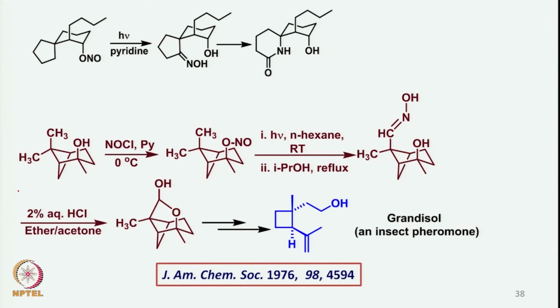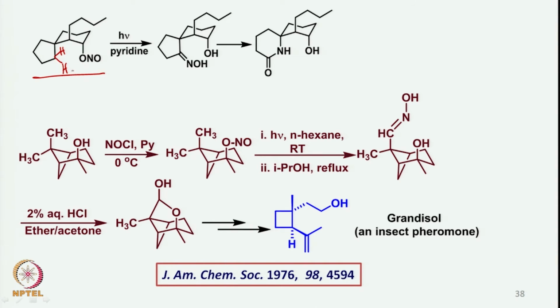Now let us take another example here. For example, you can have a hydrogen here and a hydrogen here, and if this substrate is photolyzed, it is very clear that we can get the corresponding radical here.